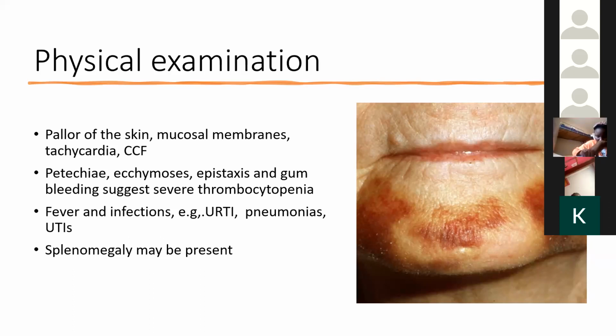But that condition has now been moved out of this newer classification, and it is included in another classification. So if you look at an older book, you're going to see CMML, but that is an older classification.